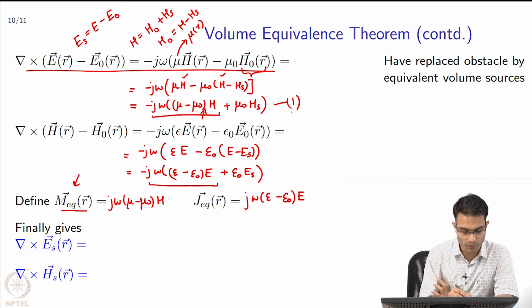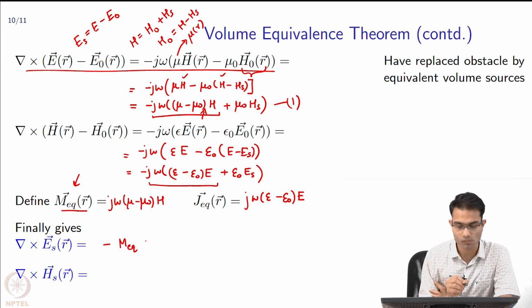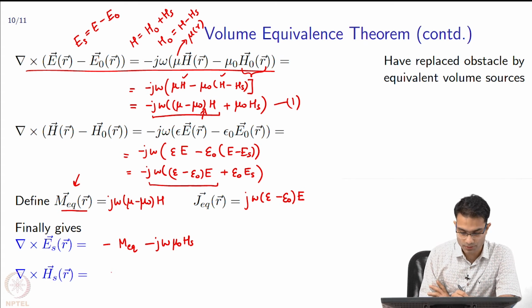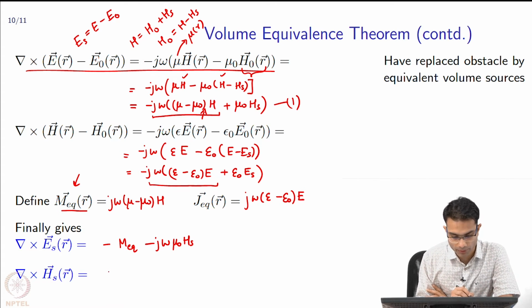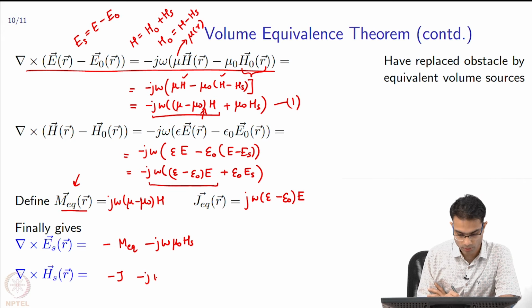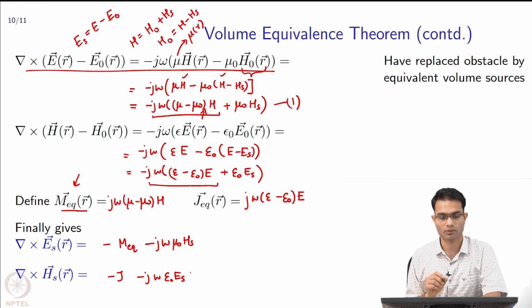So equation 1 will become, the first term over here will become minus m equivalent, minus j omega mu naught Hs. The second term becomes minus j omega epsilon naught Es.